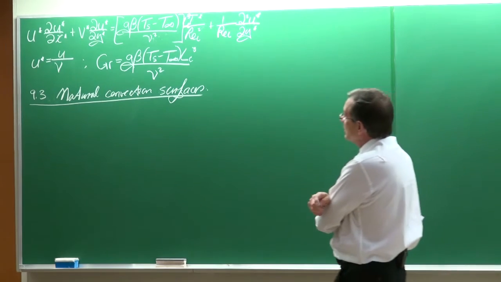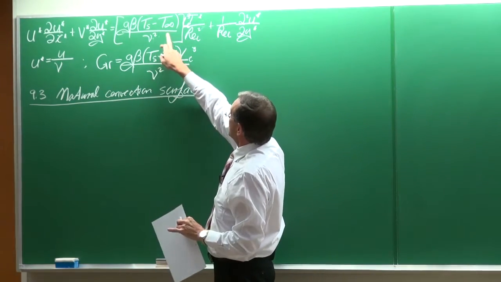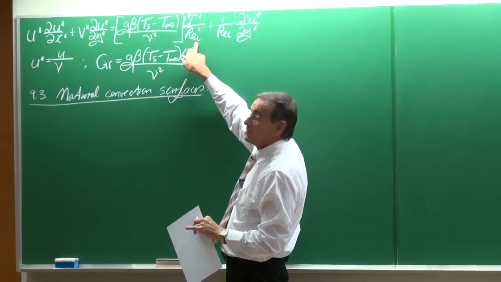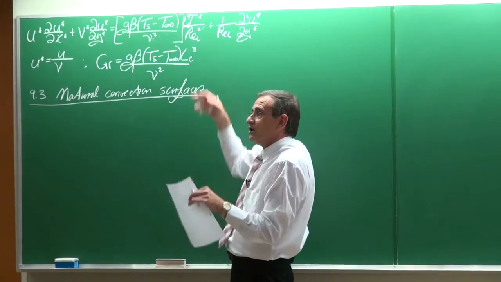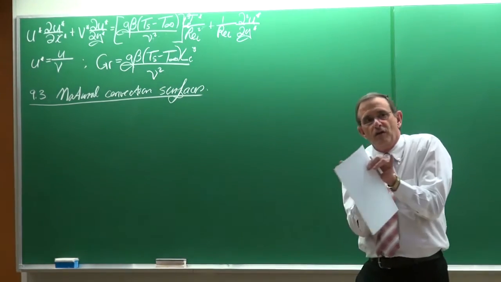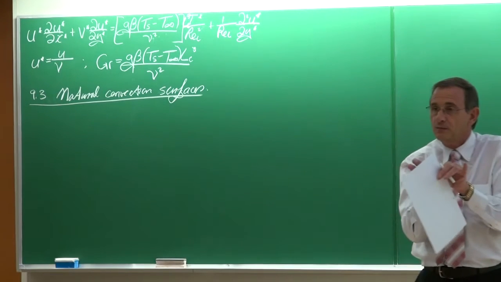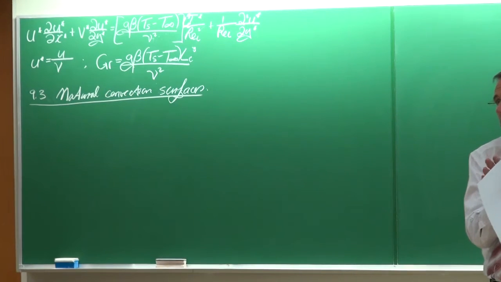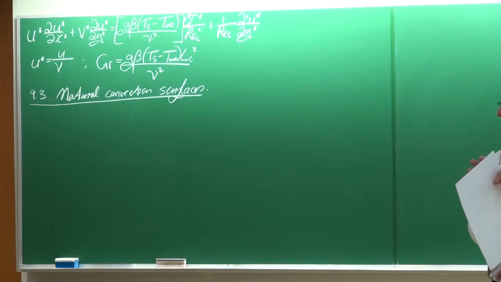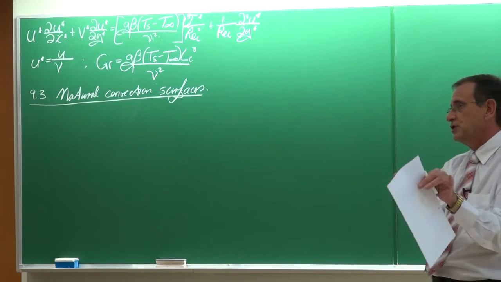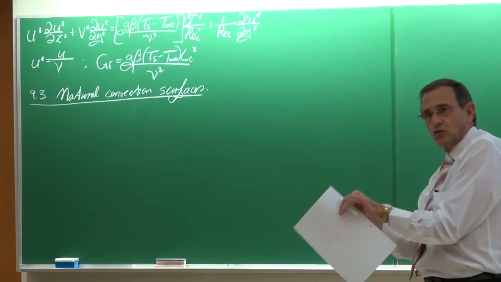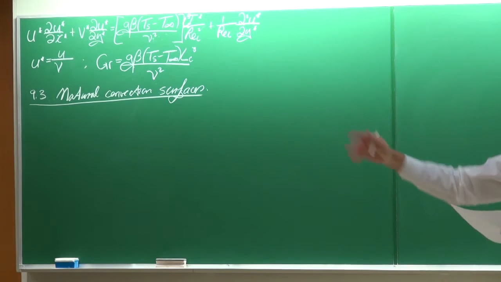And that is also why we have used the ratio of the Grashof number divided by the Rayleigh number to determine if a problem is being dominated by inertial forces, which is therefore a forced convection problem, or if it's a natural convection problem. So that is the background.